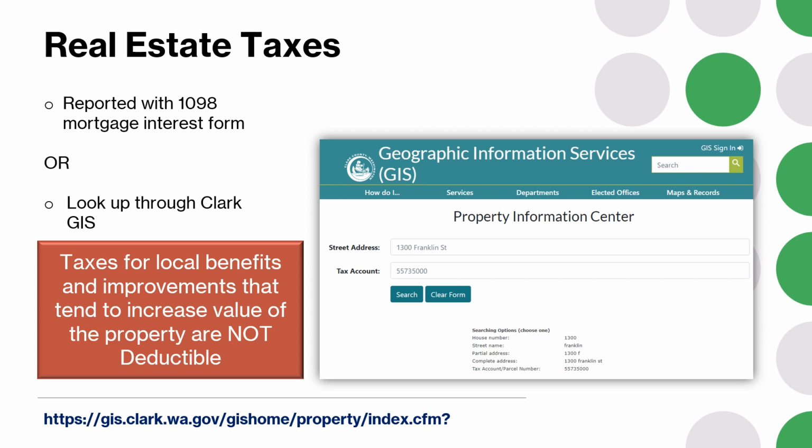It's also important to note, in large part for education for some of our taxpayers, the taxes for local benefits and improvements that tend to increase the value of the property are not deductible. So these are like the recurring taxes that we pay every year.